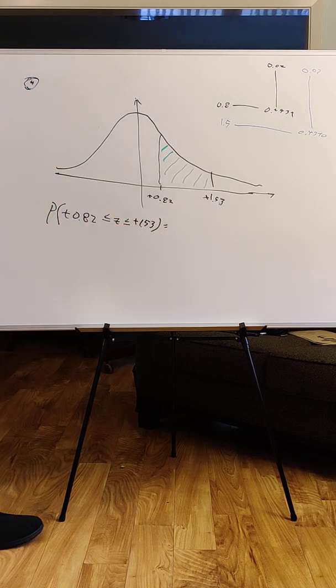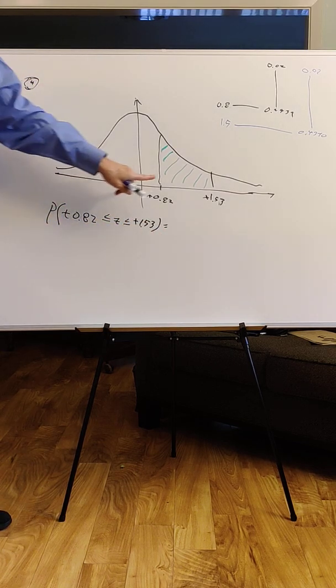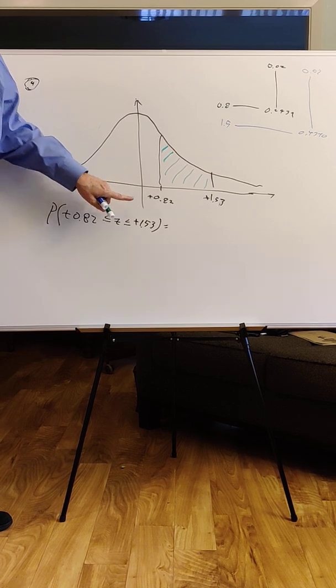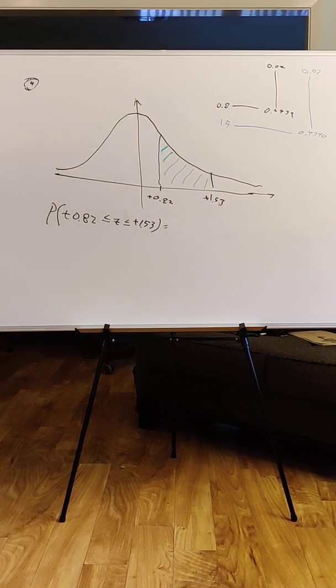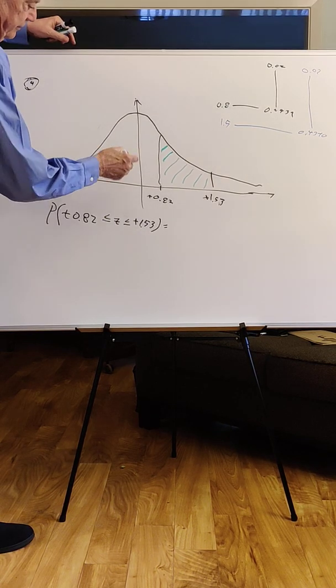We can't look the area up directly using our table because it doesn't start at 0, it starts at 0.82. So we just fill the region in so that it does start at 0.